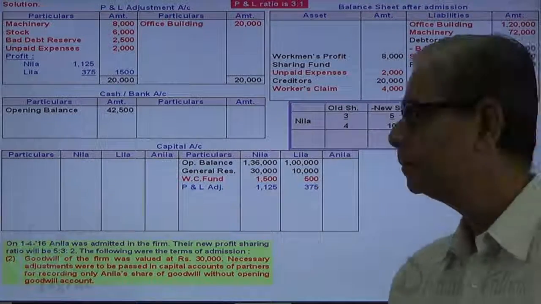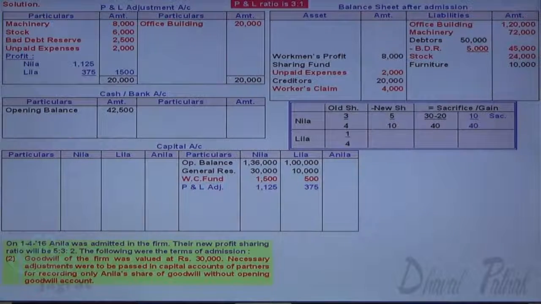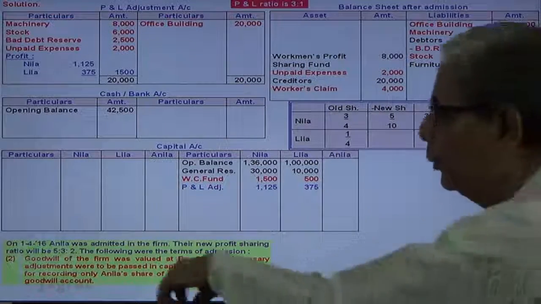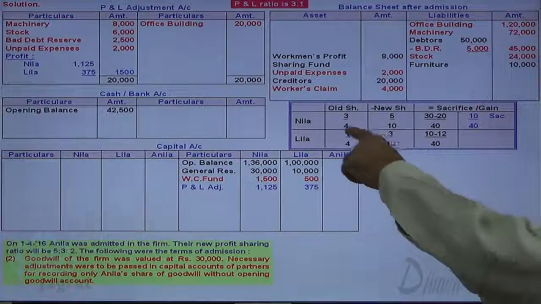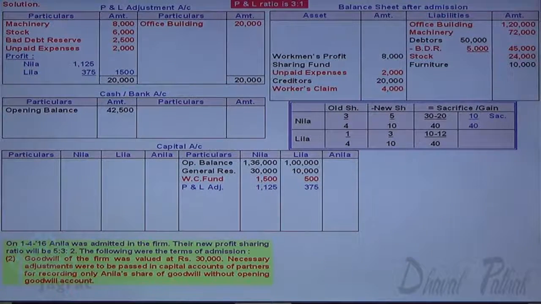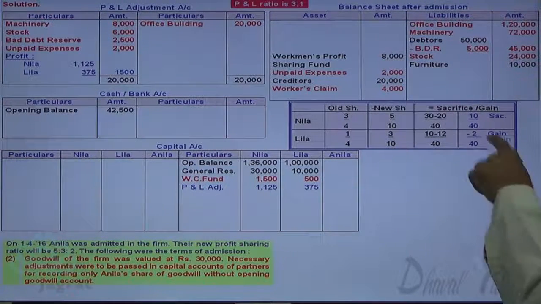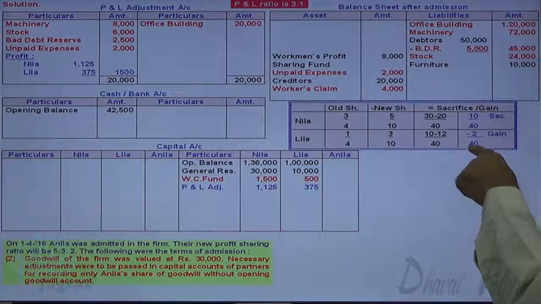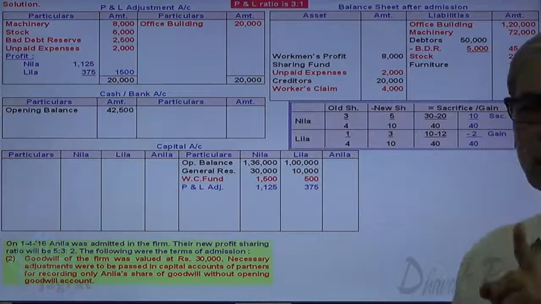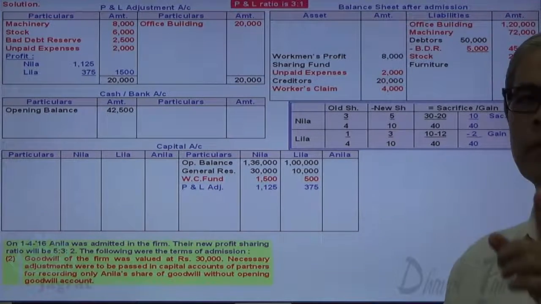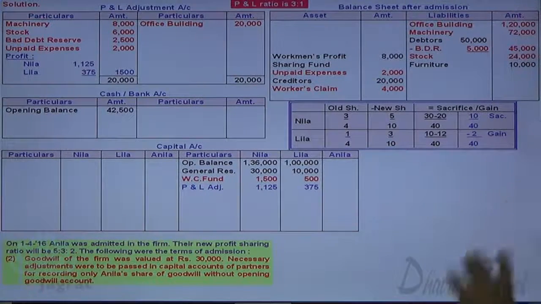What about Leela? 1/4, new ratio 3/10. 10 ones are 10 minus 4 threes are 12 upon 40, minus 2/40, so negative sacrifice. If you take 2/40 positive, then it's a gain.